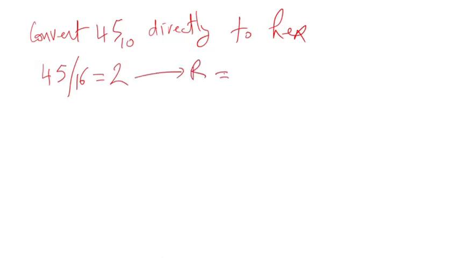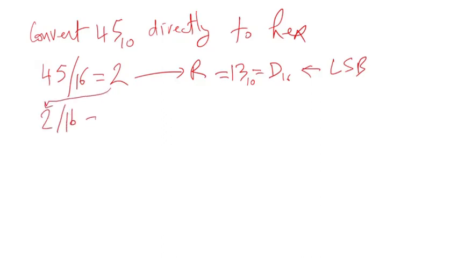So I have 13 as a remainder, 13 in base 10, which is equivalent of D in hexa. And remember, this is the least significant bit. Then 2 divided by 16 is equal to 0. So the remainder is 2, so 2 hexa. And this is the most significant bit.